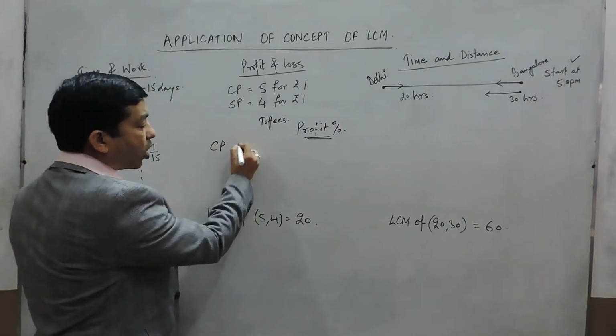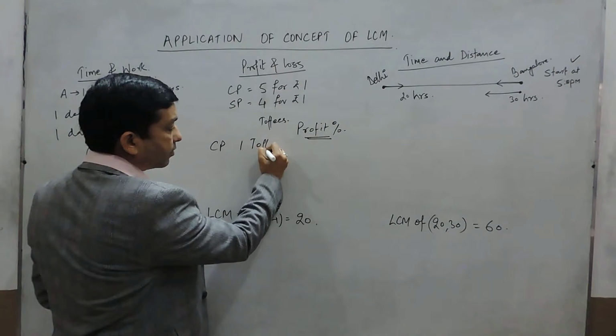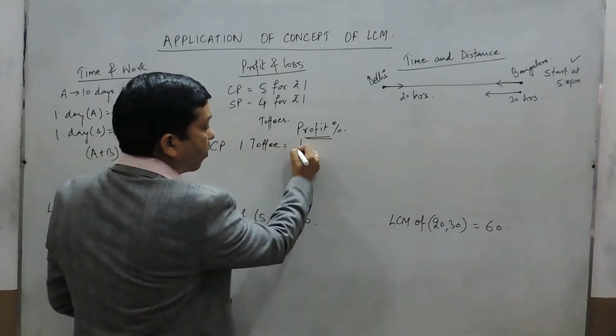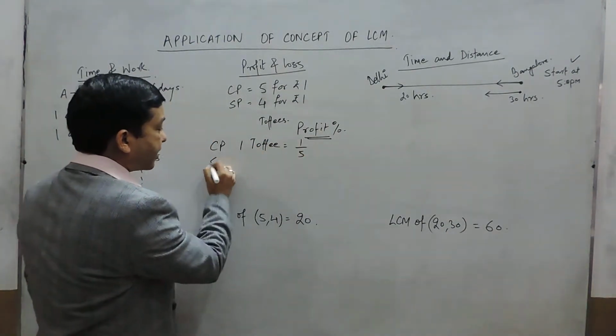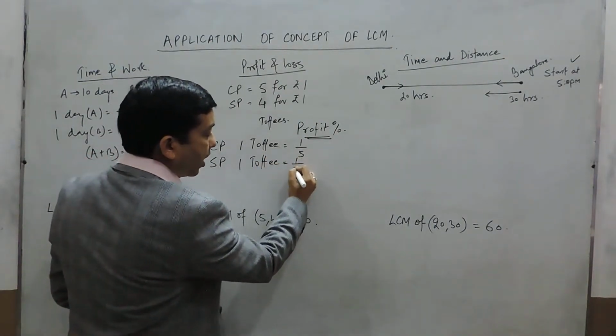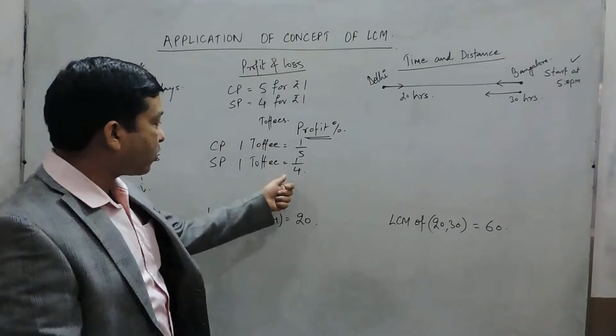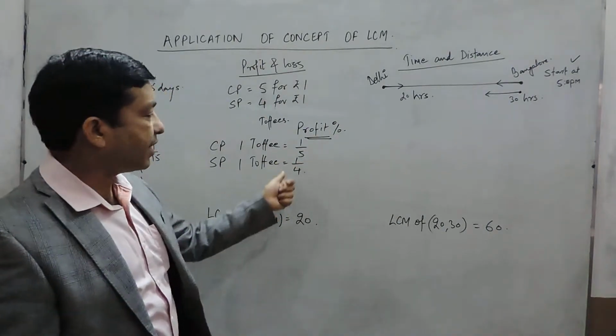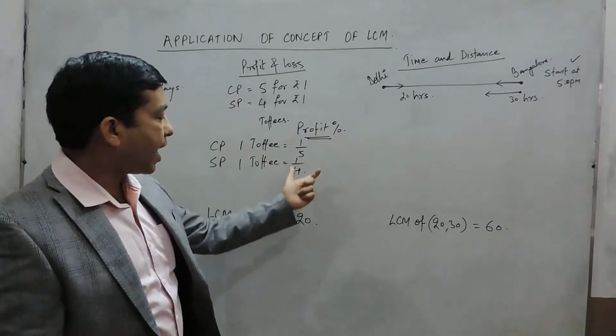So the cost price of 1 toffee will become 1 upon 5, while the selling price of 1 toffee will be 1 upon 4. Then we subtract the cost price from the selling price to get the profit.